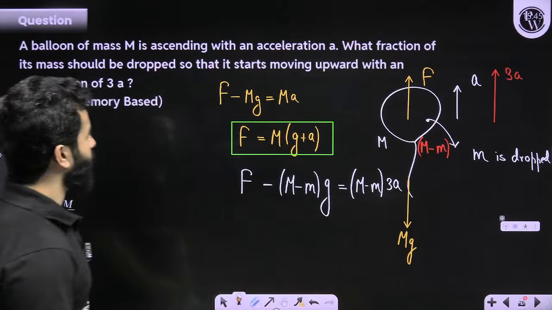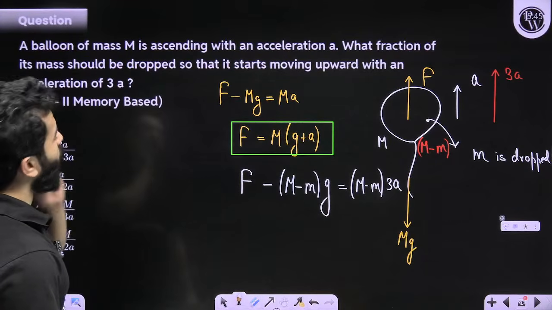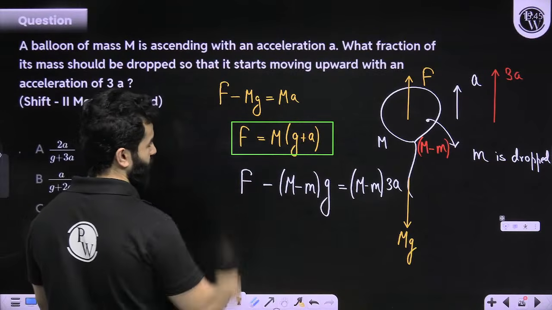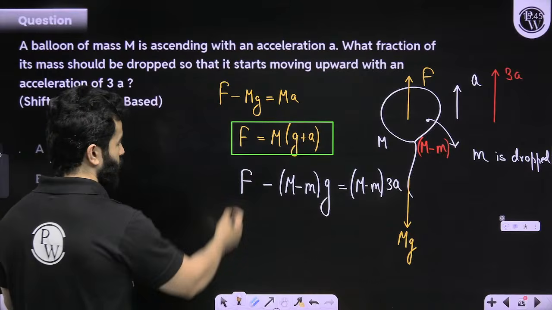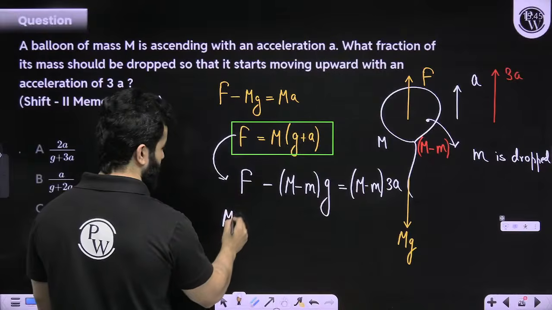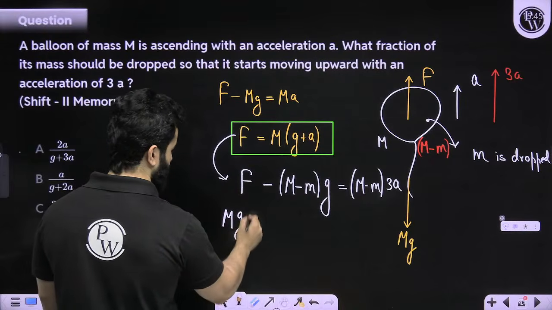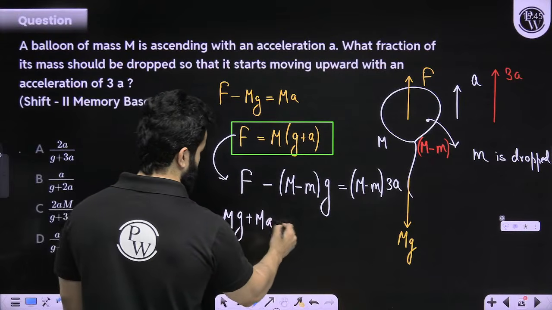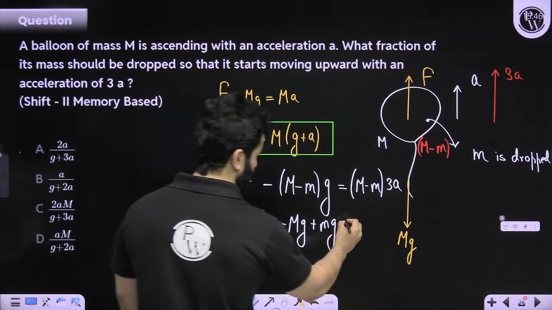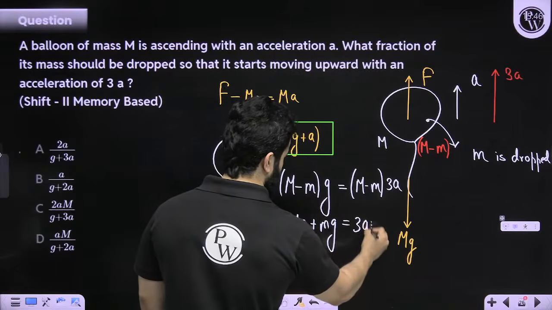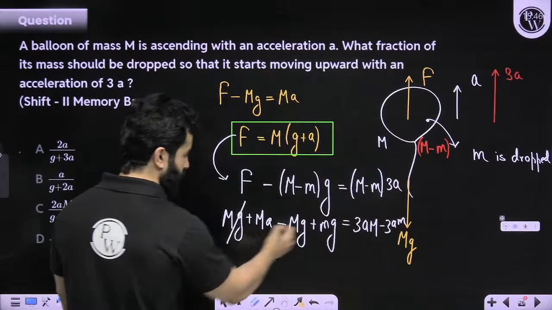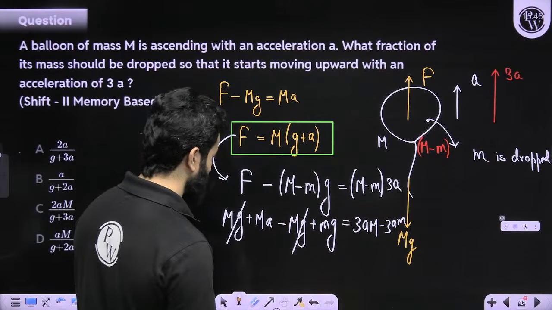But what they want us to find, what fraction? They want us to find out small m, right? Clear? So let's substitute the value of this capital F over here. So we are going to get Mg plus Ma minus Mg plus mg is equal to 3aM minus 3am. So Mg and Mg get canceled out.